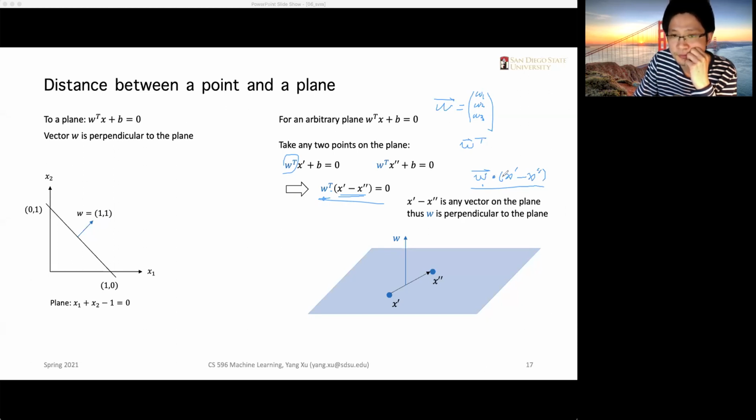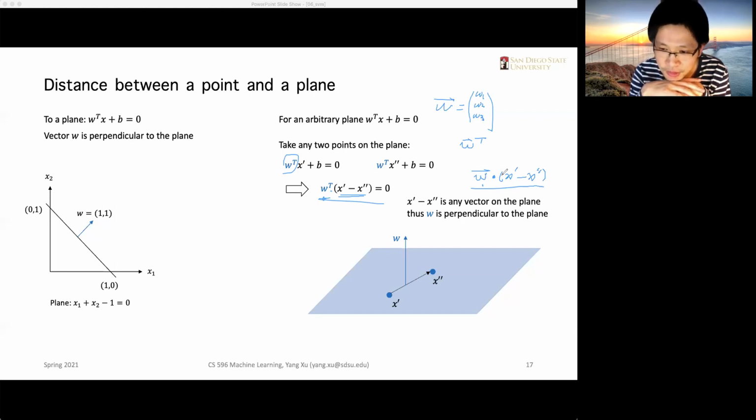Technically speaking, I'm pretty used to the transpose notation because it's more strictly defined. If it were just W, not transpose, I think we should put the W transpose there, to make it work for the dot product, right? Yeah, for the dimensions. Okay, thank you.